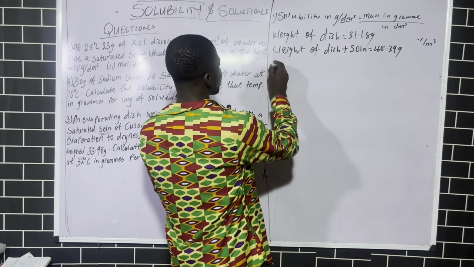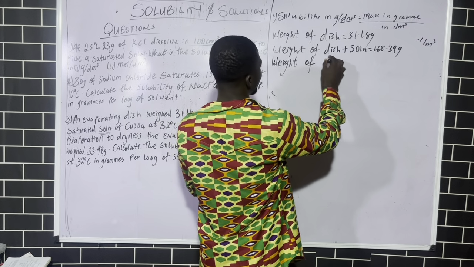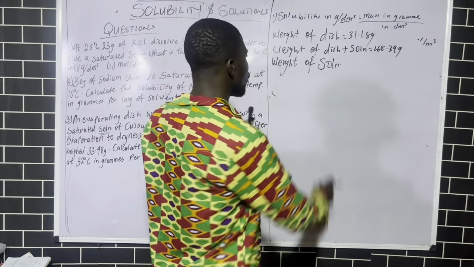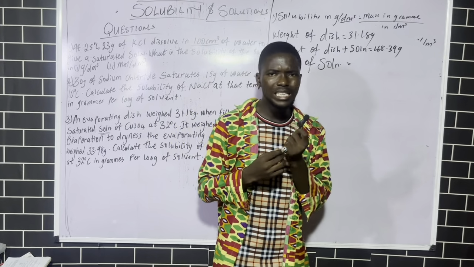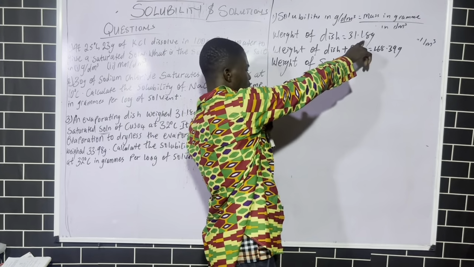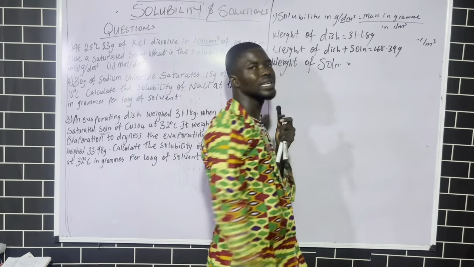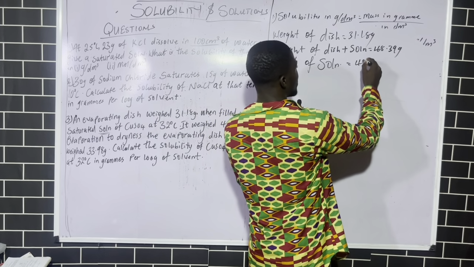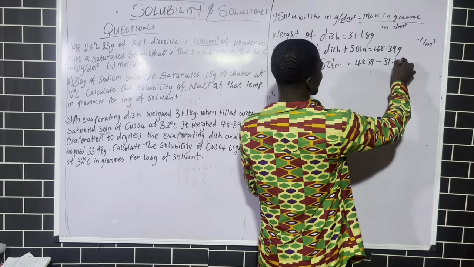So what will be the weight of solution? I just abbreviated it SOLN, solution. Weight of solution will be what? Just do your small mathematics. If only the dish is 31.18, and dish and solution is 48.39, only solution would be what? Good. 48.39 minus 31.18.